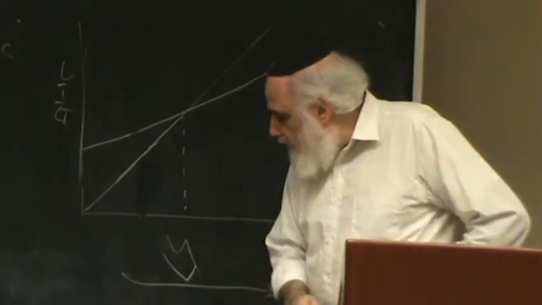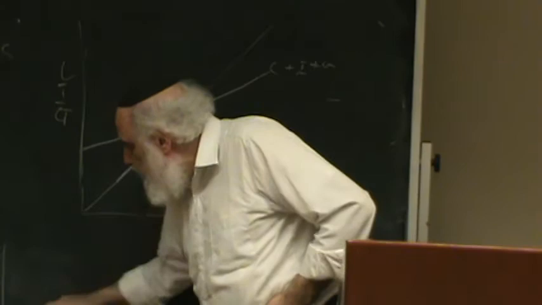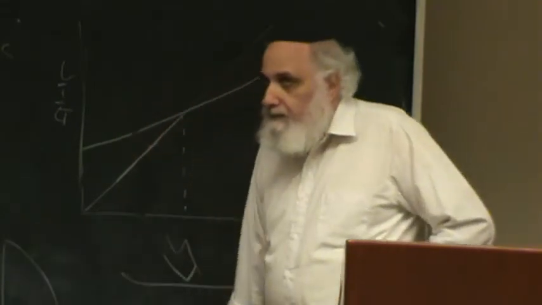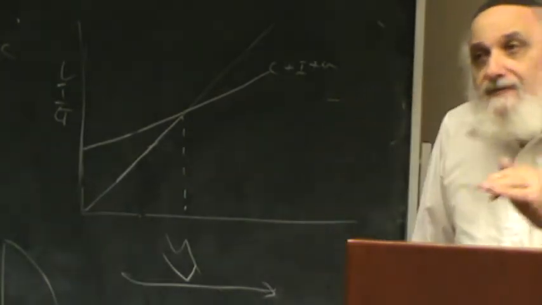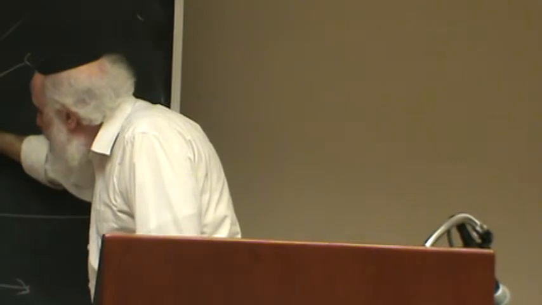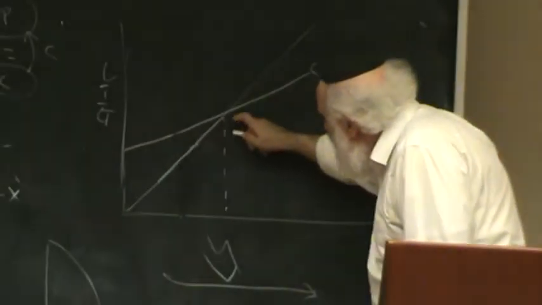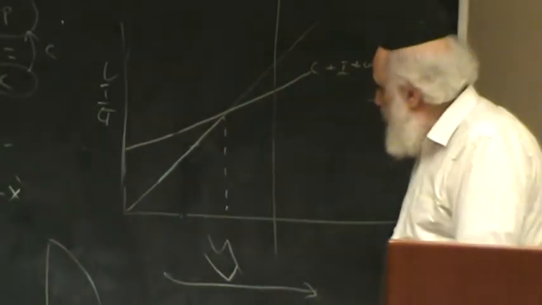When we started talking tonight, we were talking about the production possibility curve. You want to be somewhere on the production possibility curve, at full employment. Just because this is where the economy ends up doesn't mean it's full employment. Let's say this is full employment.